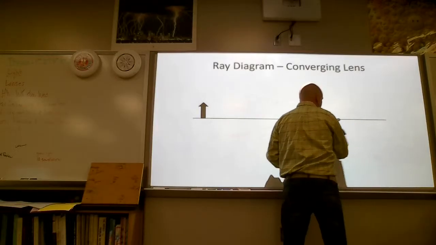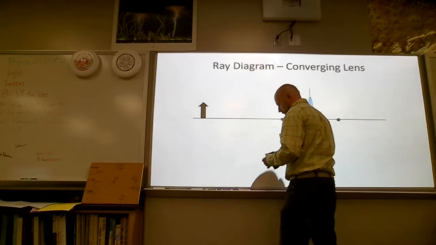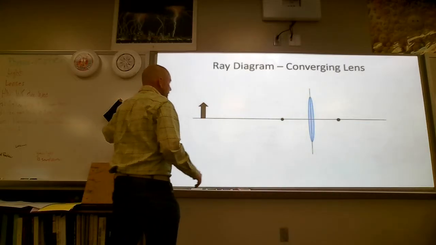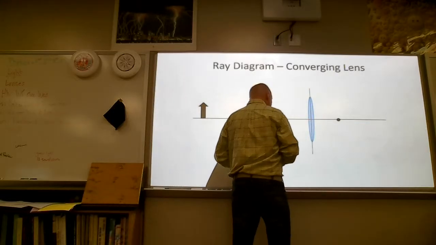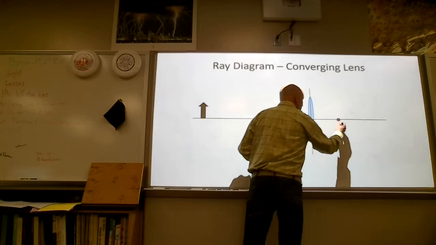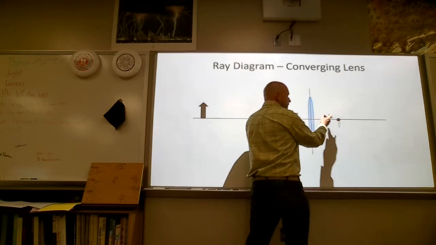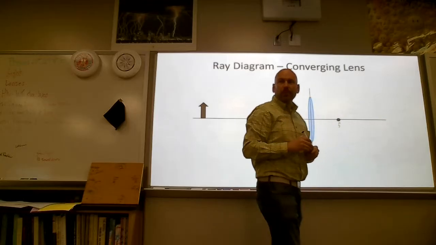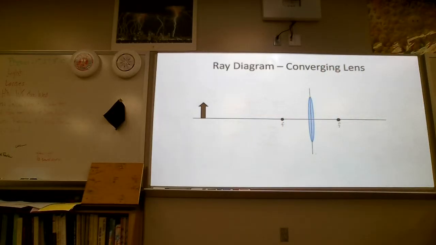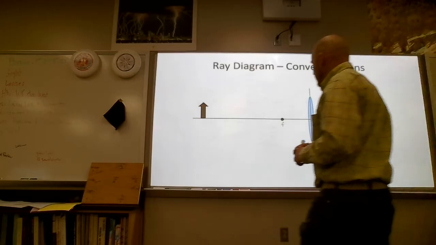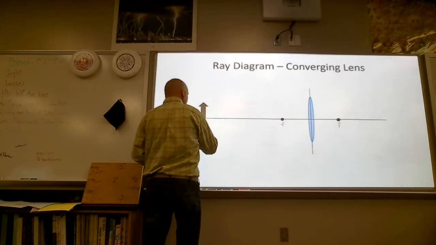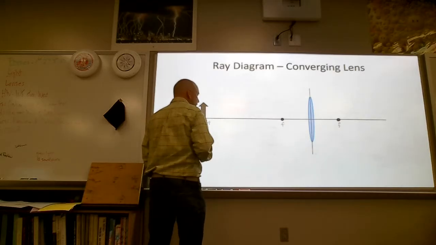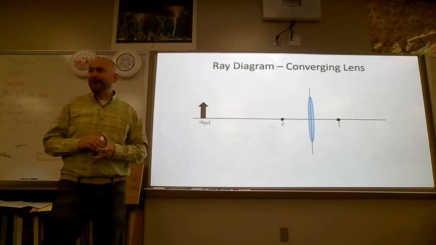Make sure when you're making this, the distance from the lens to the focal point is equal to the distance from the lens to the other focal point. And draw your object far away from the focal point.